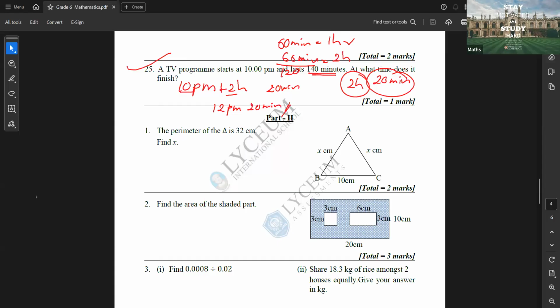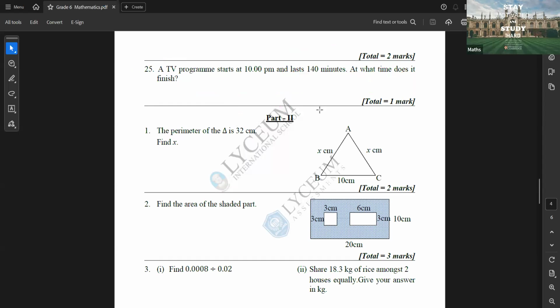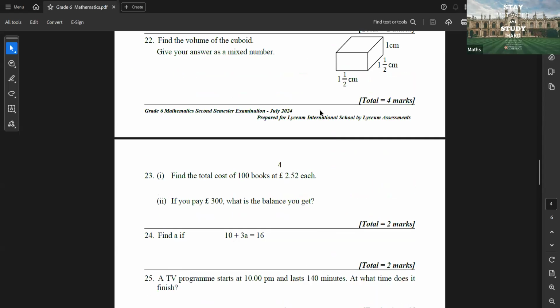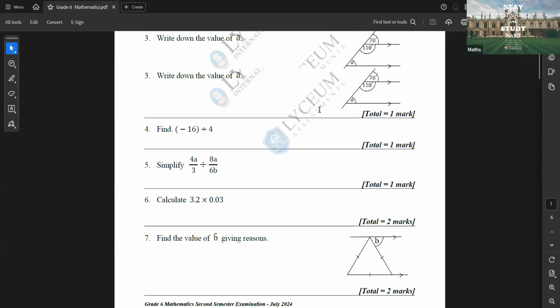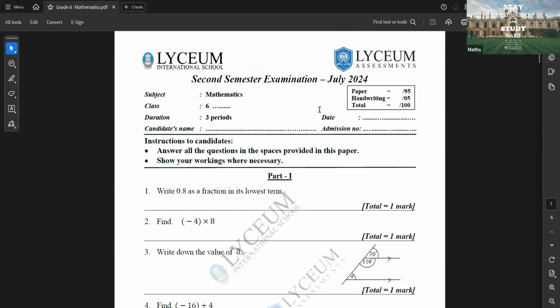So we have discussed part 1. Part 2 we will discuss in our classes, right? We do all past papers, including Sri Lankan past papers and foreign ones, since we are conducting classes for 12 countries.